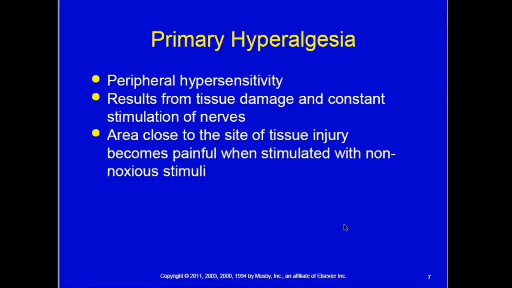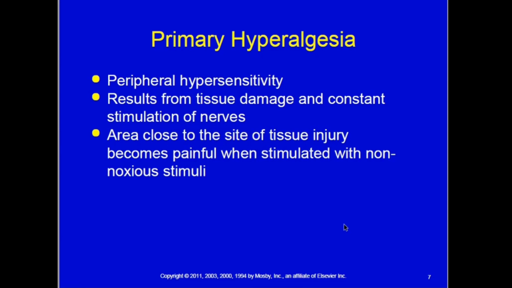Now coming to primary hyperalgesia, it is a peripheral hypersensitivity reaction. It results from tissue damage and constant stimulation of nerves. The area close to the site of tissue injury becomes more painful when stimulated with non-noxious stimuli. So everybody will know the meaning of hyperalgesia.